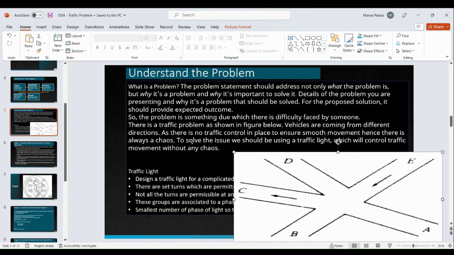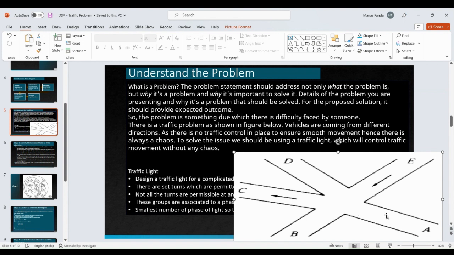The second thing is that to solve this issue, we should be using a traffic light. Control means either a traffic inspector or traffic person, or a light system should be placed over here, so that it will allow those vehicles or those turns to move, while others should be stopped.